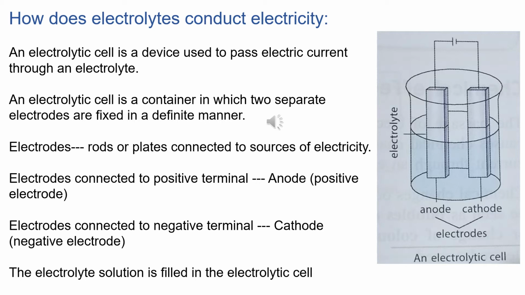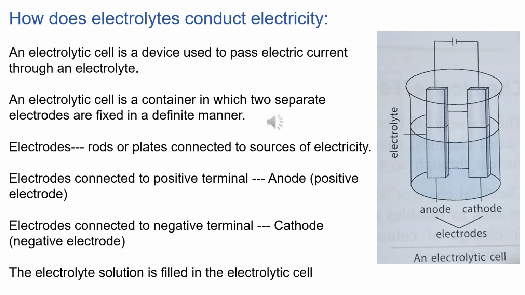The rod connected to the positive terminal is called the anode, the positive electrode. The rod connected to the negative terminal is called the cathode, the negative electrode. And the solution filled in the electrolytic cell is called the electrolyte.